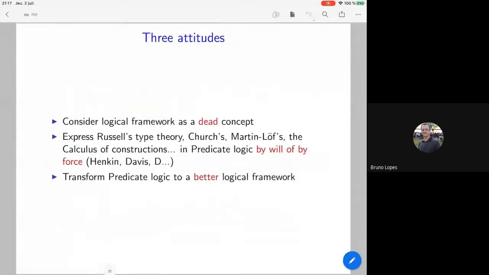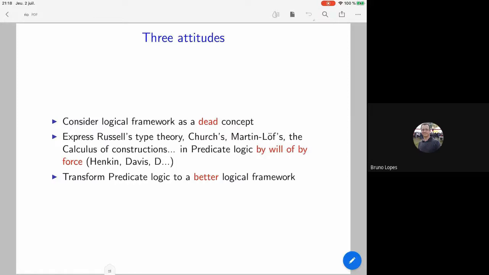So this led the logicians to have three possible attitudes towards logical frameworks. Some of them considered that the notion of a logical framework was dead, so we didn't need any logical frameworks, and we could not use any logical framework. And this is basically the culture in which I was raised.